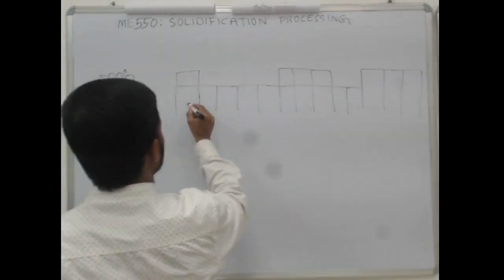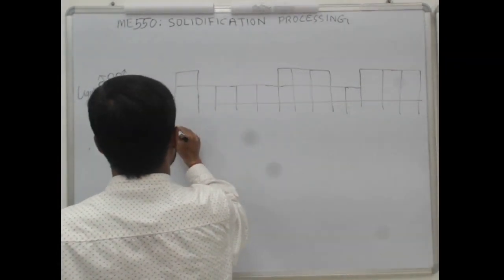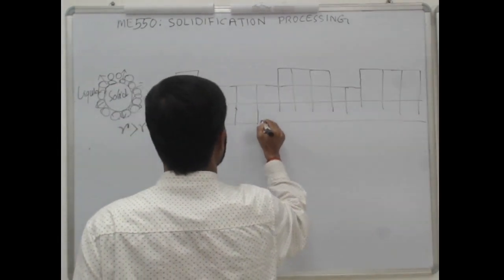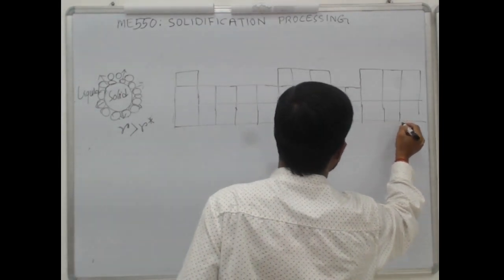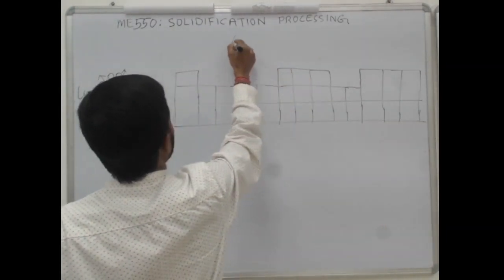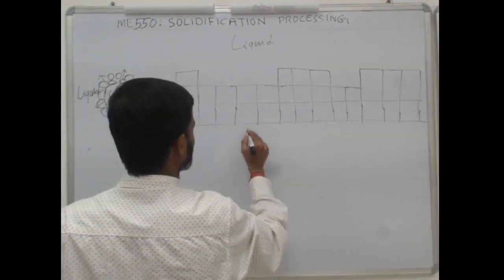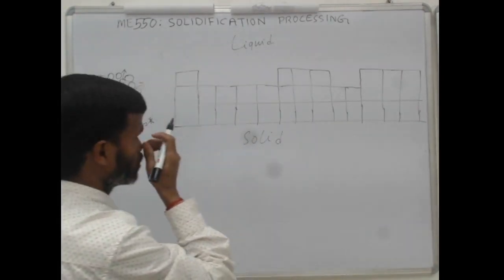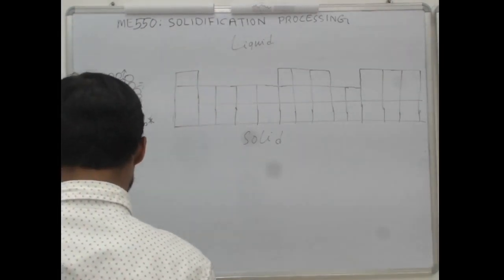So this is say one crystal structure. This is the interface. Above you have liquid, below you have solid. So this is part of the solid and this is the interface. So here the interface is rough.